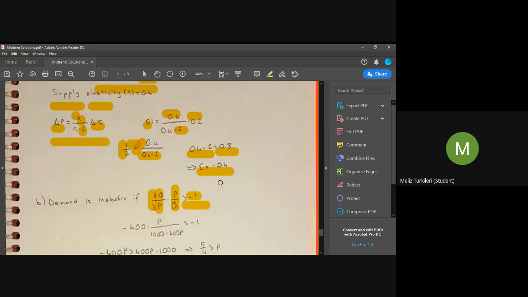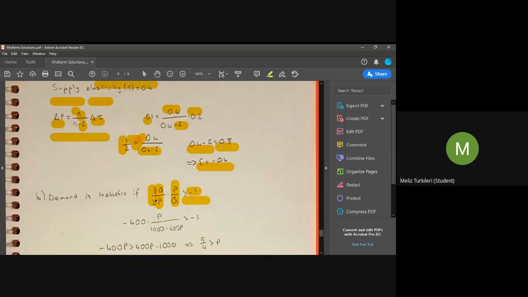Okay? Again, how can we find delta Q divided by delta P? We need to take the partial derivative of the demand equation with respect to price.